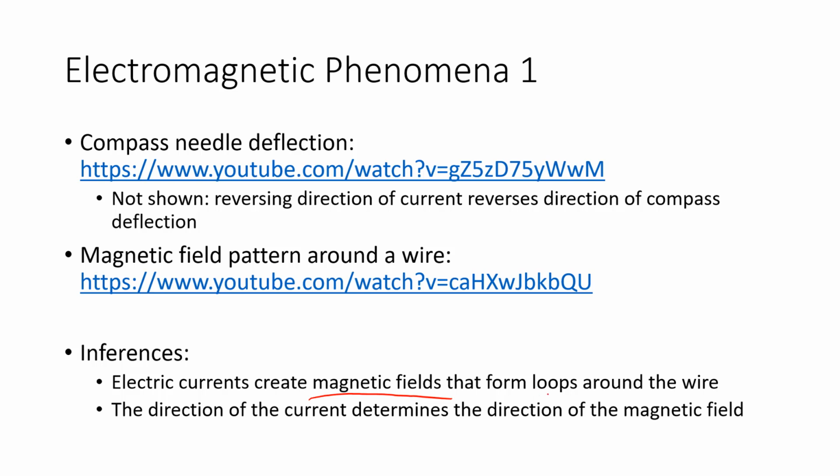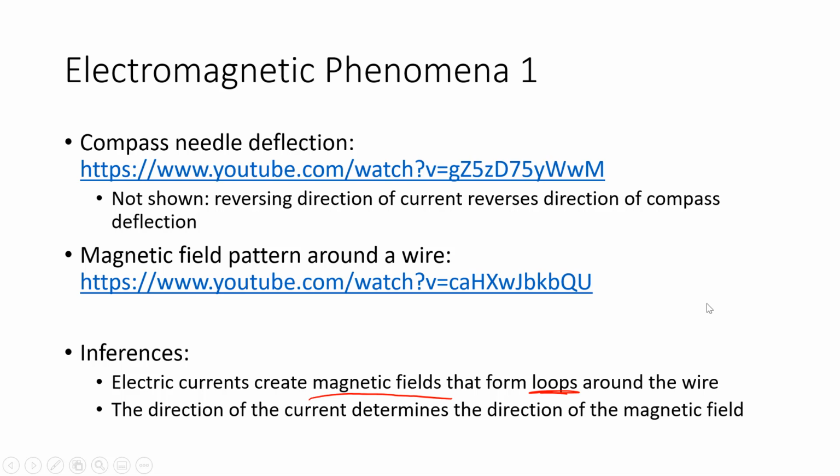The magnetic fields form loops around our wire. And the direction of the electric current determines the direction of the magnetic field. If we reverse the direction of the current, we reverse the direction of that magnetic field. So currents create loops of magnetic field around them.